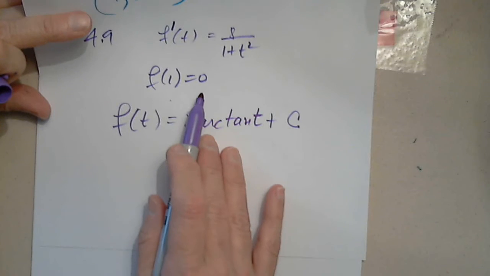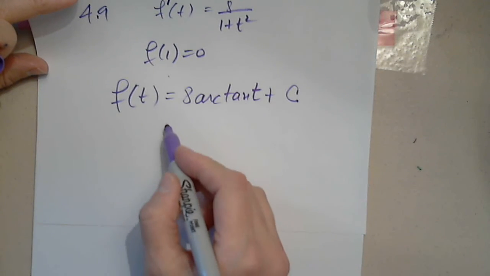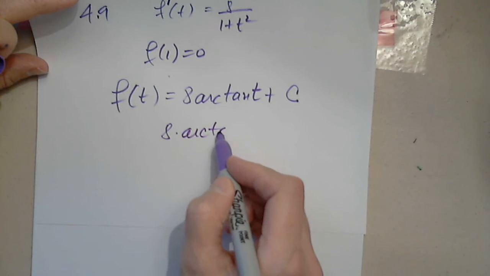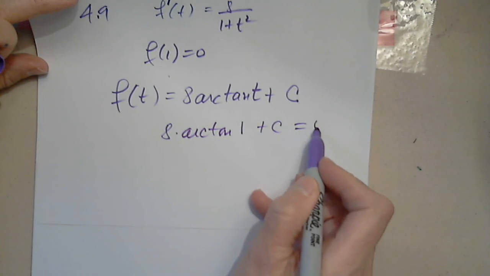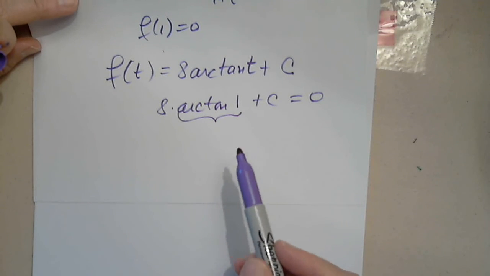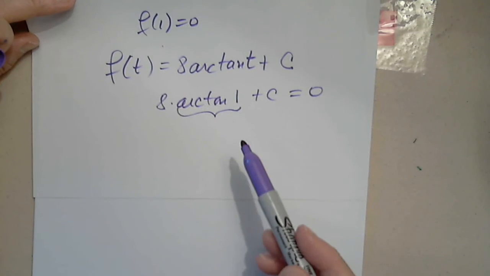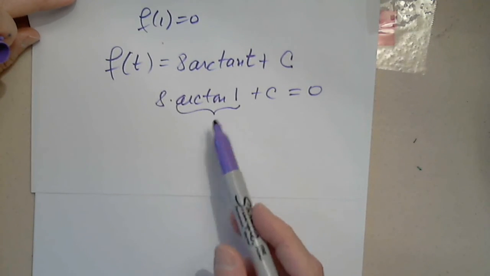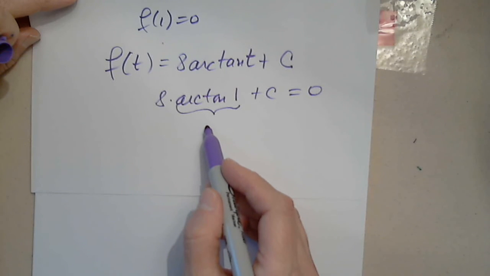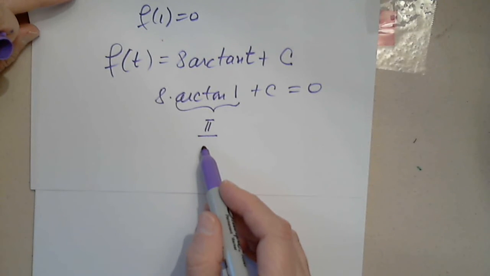Now I know that f of 1 is 0. So 8 multiplied by arctangent 1 plus c is 0. But arctangent 1 is really asking which angle has tangent 1, and there is only one such angle, and that is pi over 4.